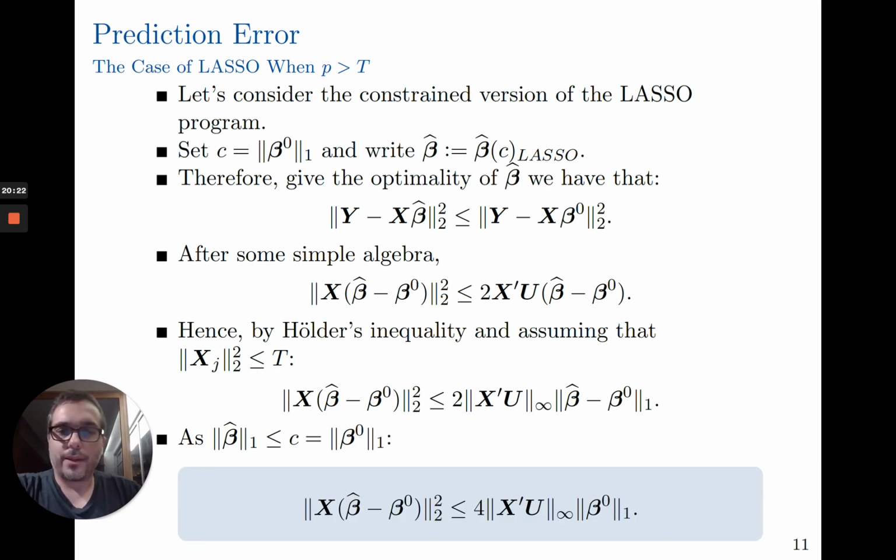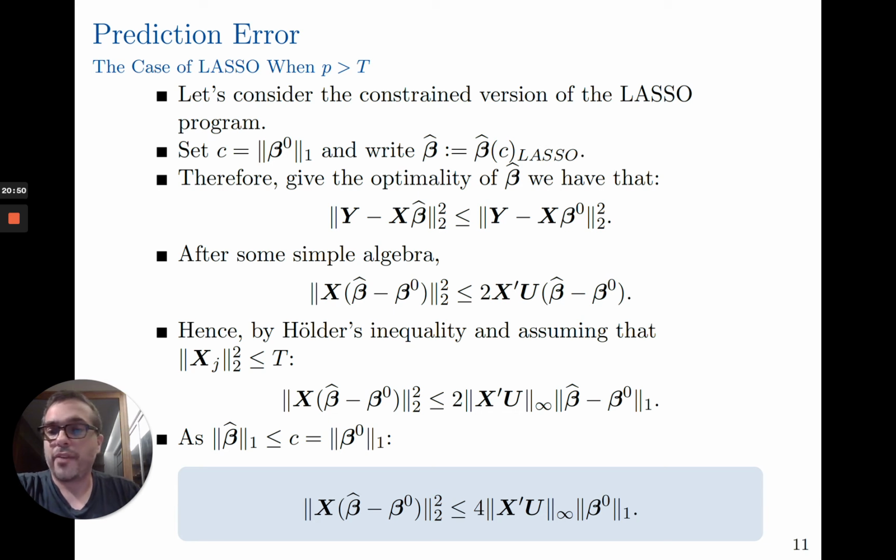Now, remember that the lasso program implies that the coefficient should be less or equal than C. So the lasso solution, the estimator beta hat, its L1 norm should be less or equal than C, but we set C to be the L1 norm of beta naught.